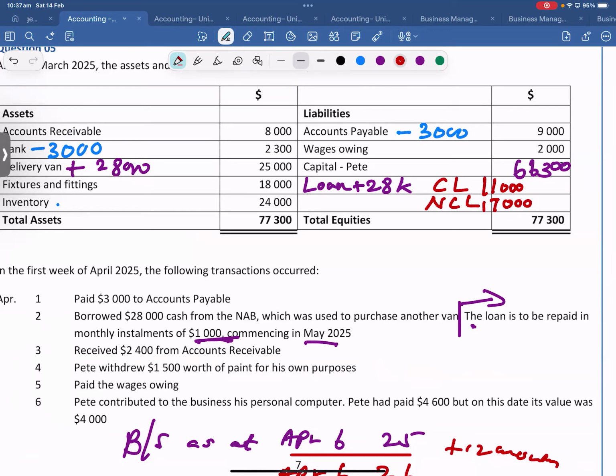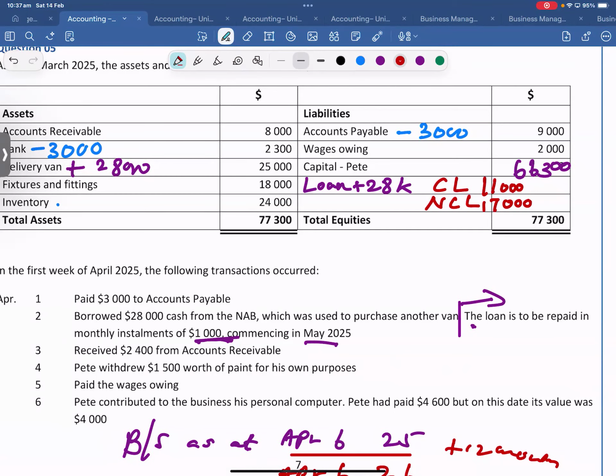For the next one, your accounts receivable was going up by 2,400, and since you're receiving money... So you are telling for part C, yes? Yeah, part C, but how do we write it?